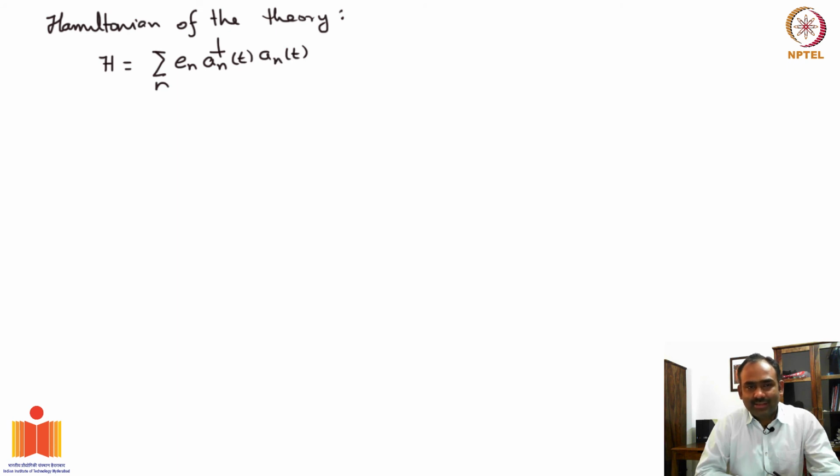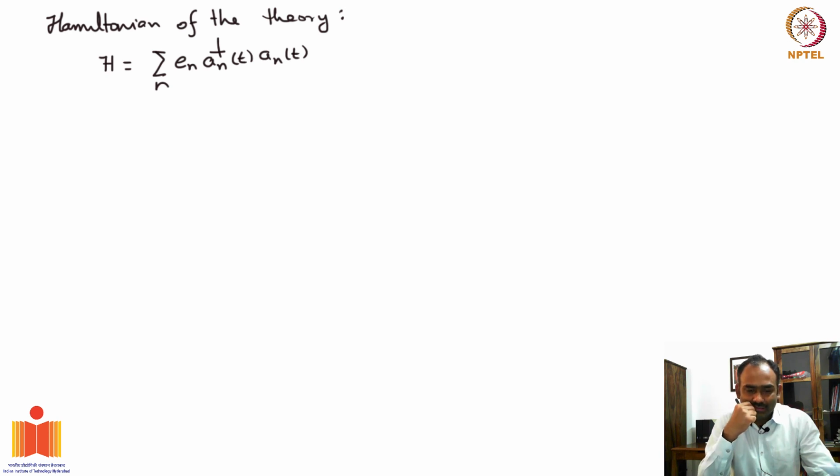We see that this is something familiar, right? If you look at each term, let's take the first term E1 A1 dagger A1. That's the Hamiltonian of a harmonic oscillator which has its frequency as E1. And what we see here is that your system is a sum of infinite number of harmonic oscillators, because n runs from 1 to infinity.